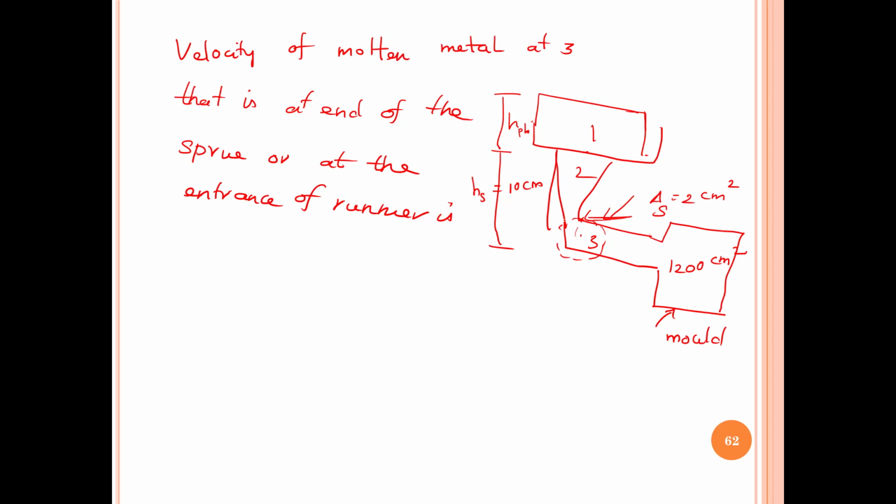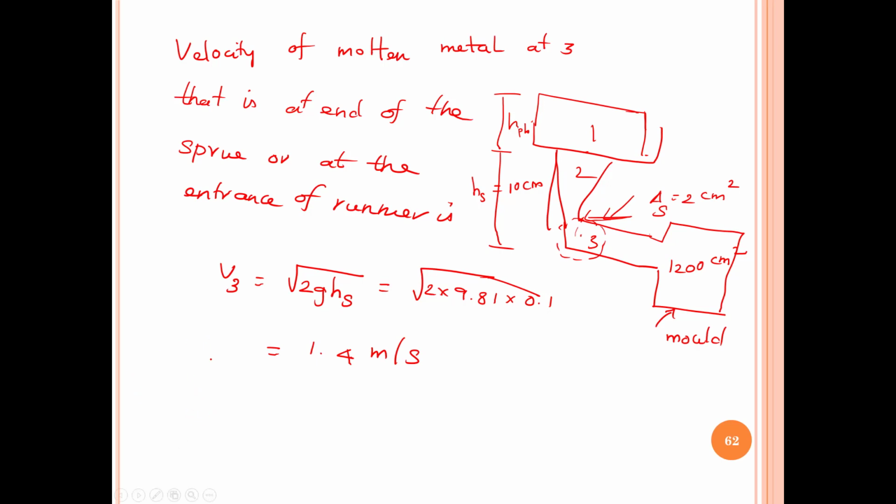So now V3 equals root of 2gh. Since it is the sprue side, we are taking it like this. So 2 into 9.81 into h, where h is 0.1. So we are getting V3 as 1.4 meter per second.